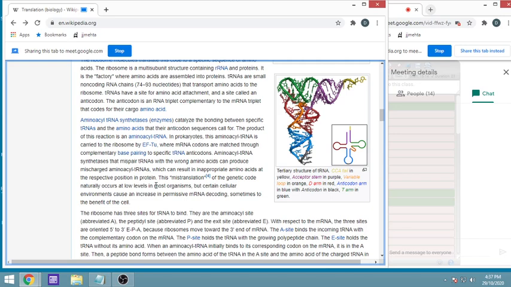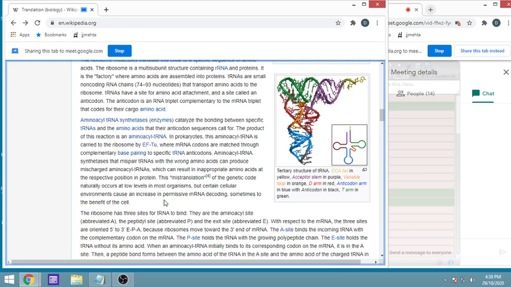The mRNA codons are matched through complementary base pairing to the specific tRNA, and accordingly the activity proceeds. Now, aminoacyl tRNA synthetases can mispair the tRNAs. If this mistake happens, mispairing of a tRNA with the wrong amino acid, it can produce mischarged aminoacyl tRNAs, and they can result in inappropriate amino acids at the respective position of the protein, which we call mistranslation.